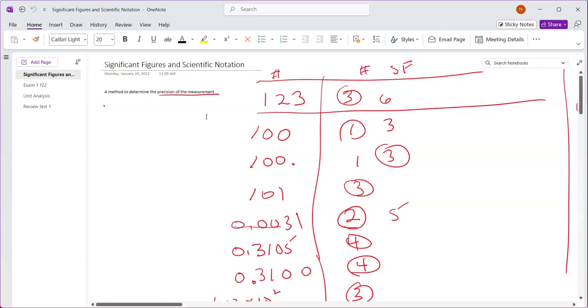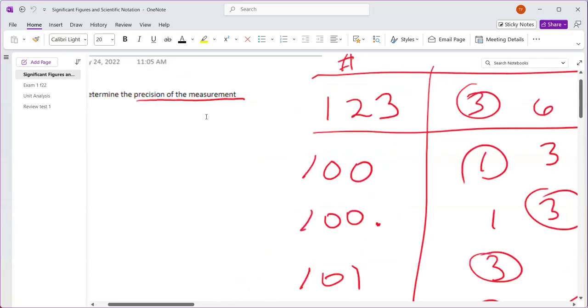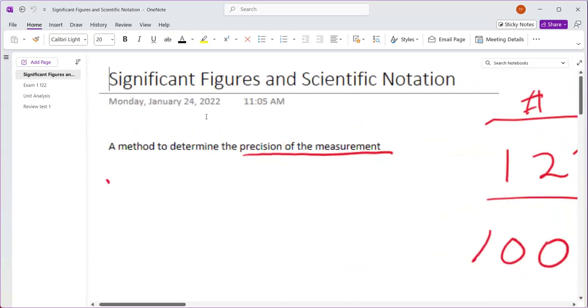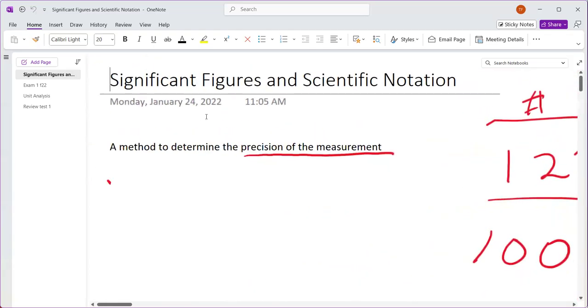Okay, so let's start with significant figures. The thing about significant figures is you need to determine, with a given number, how many significant figures the number has in it. And secondly, you need to know how to use it for something.